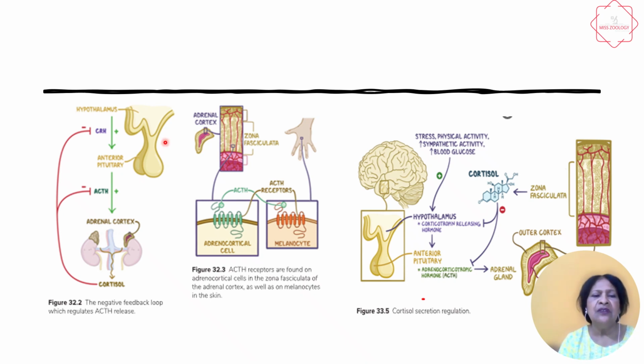Definitely, the stimulus comes from the hypothalamus, which passes it via the releasing hormones to the anterior pituitary, and then the anterior pituitary activates the ACTH, which further activates the cortical cells of the fasciculata.